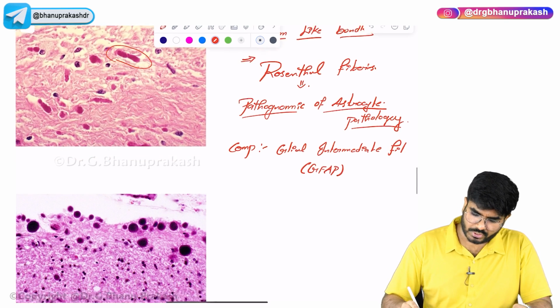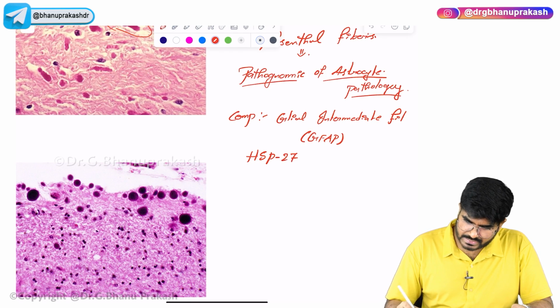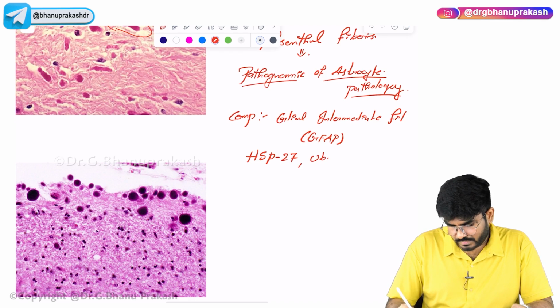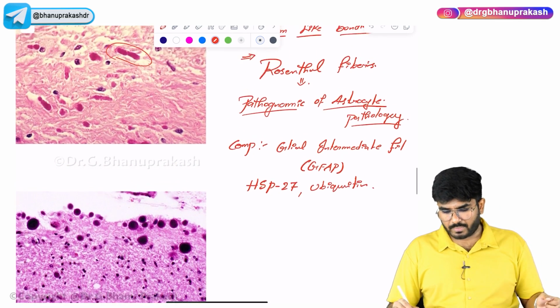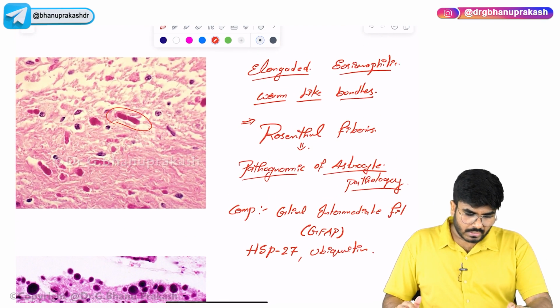Not only that, it is also made up of heat shock protein 27, which was a question asked in the exam, and ubiquitin. So these Rosenthal fibers indicate astrocyte injury. That is the one point which I want you to know.